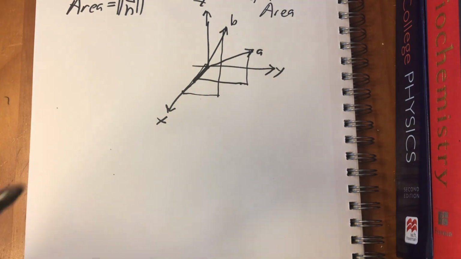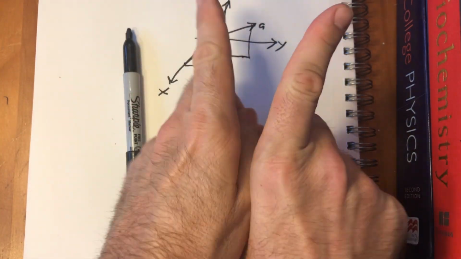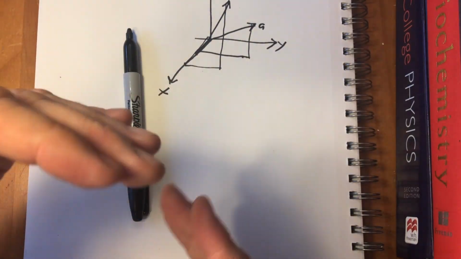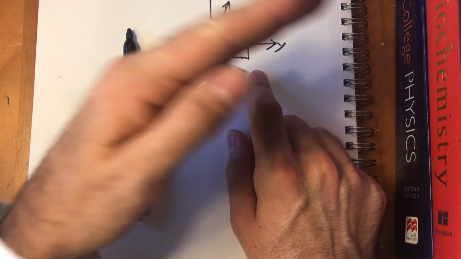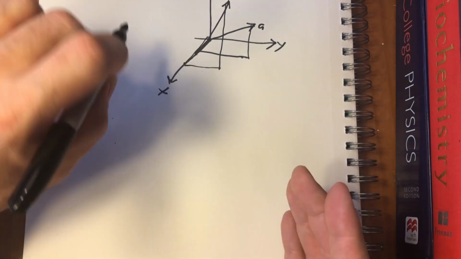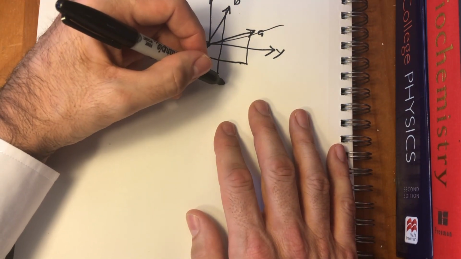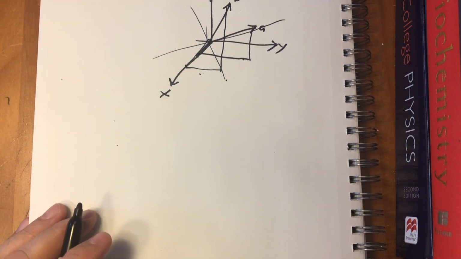But the cool thing is you can change the bases. These two vectors are indeed floating around in space, but we can define where x and y are. We don't have to start with x and y and then say A and B are in relation to them. We can just rearrange it so that x goes this way and y goes this way, and then z goes up from there. And that's what we're going to do.